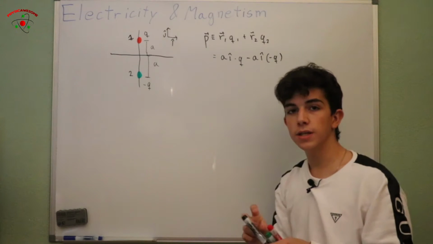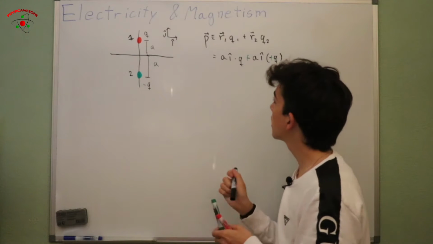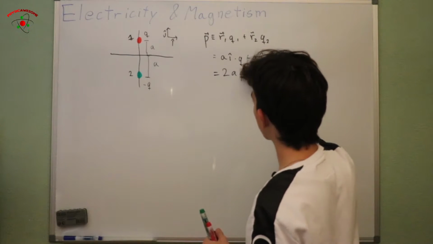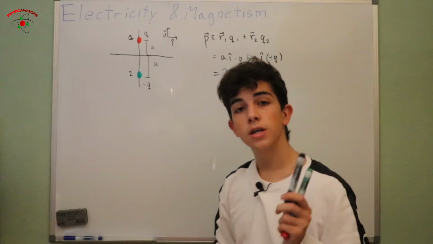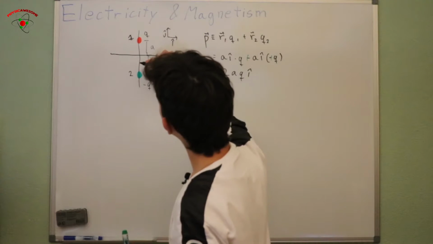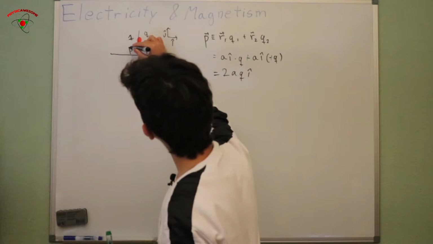So we see that these two minus signs cancel, and the dipole moment is 2aq in the j hat direction. It's very important to note that in general, the dipole moment will be pointing from the negative charge to the positive charge.